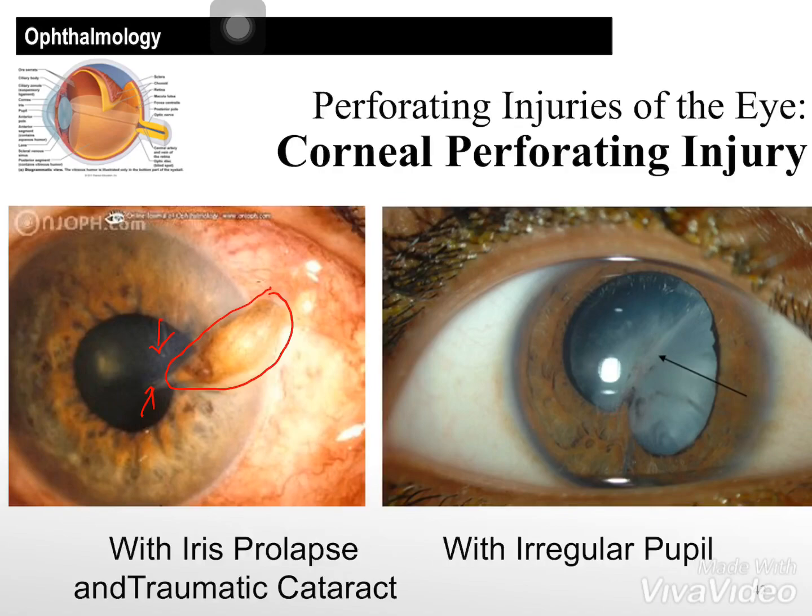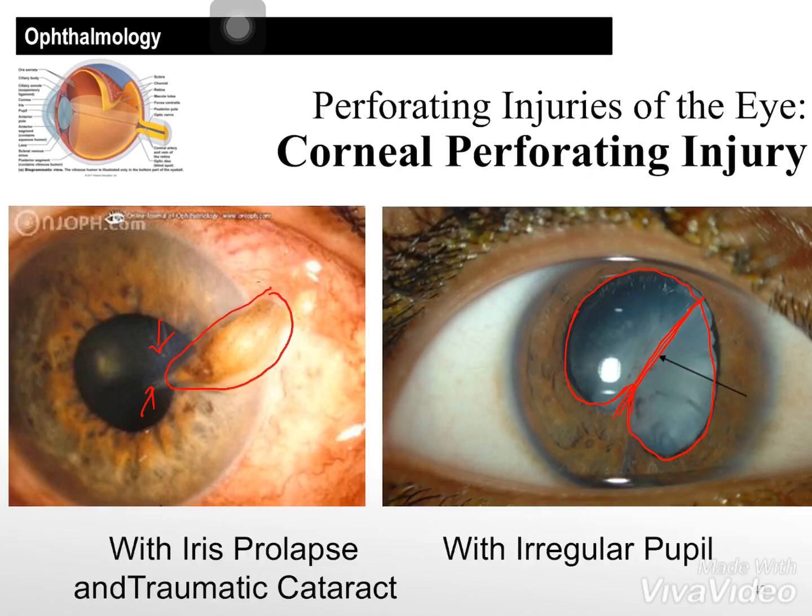The other picture, the one on the right, shows you an old penetrating injury to the eye. The corneal scar is over here. Okay. What you see is an irregular pupil. It is peaked this way because during the injury, the pupil, the iris, tried to go out, no, of the lacerated area.